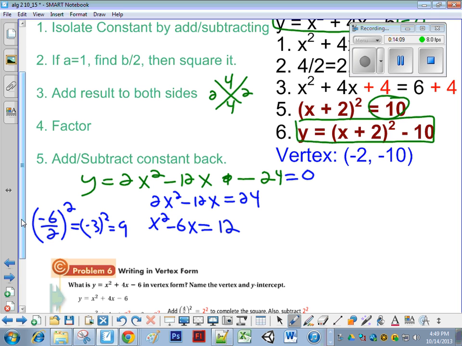I'm going to add 9 to both sides. Equals 12 plus 9. I put it in red so you see that's being added to both parts. Okay? So when I rewrite this, I'll factor it to become x minus 3 quantity squared equals 21.